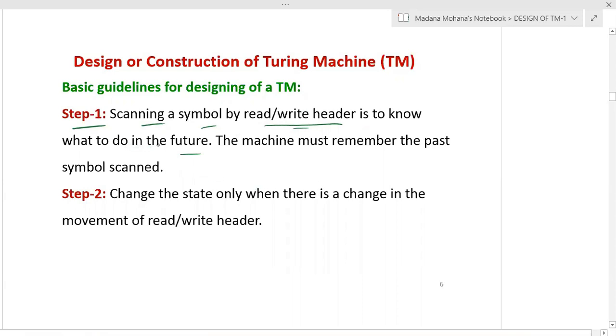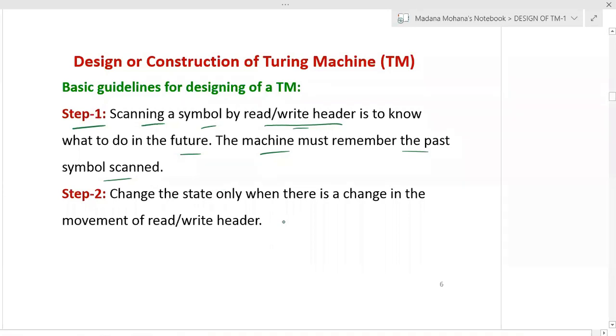After scanning an input symbol, what is the future? What has to be done in future? That means the machine must remember the past symbol scanned. So every time it scans the input, it remembers the previously scanned symbol also.